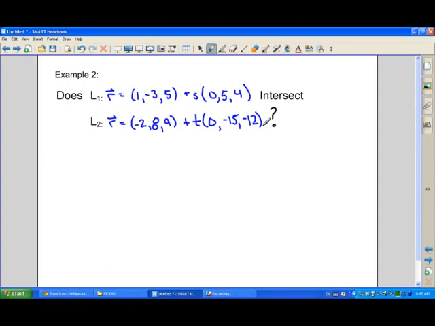Okay, a second example. Same question, we want to look at and see if line 1 intersects line 2. So again, the first thing we should check and see is if the direction vectors are scalar multiples of each other.